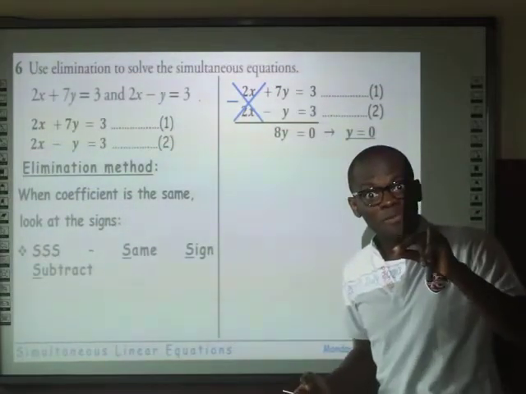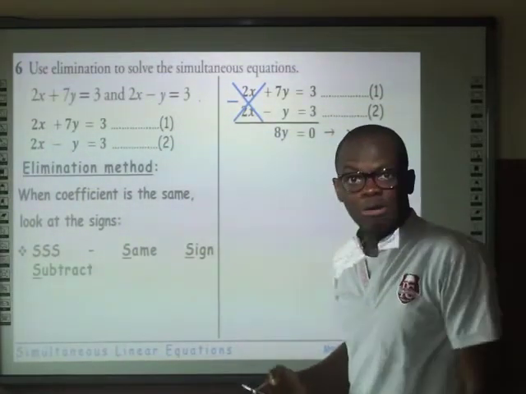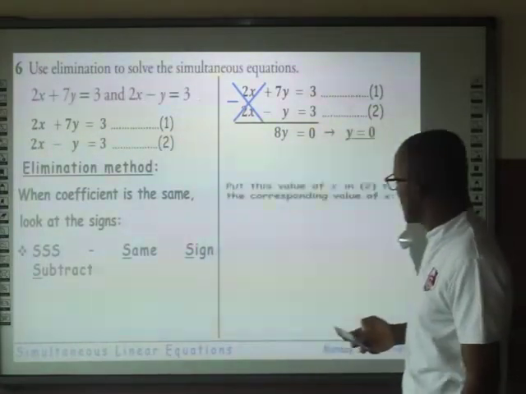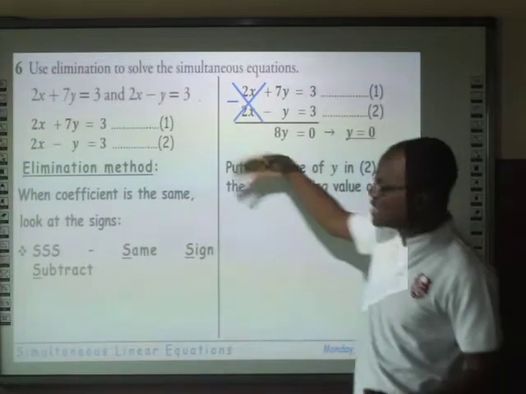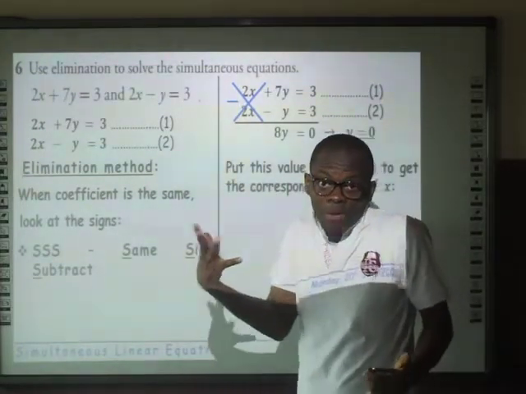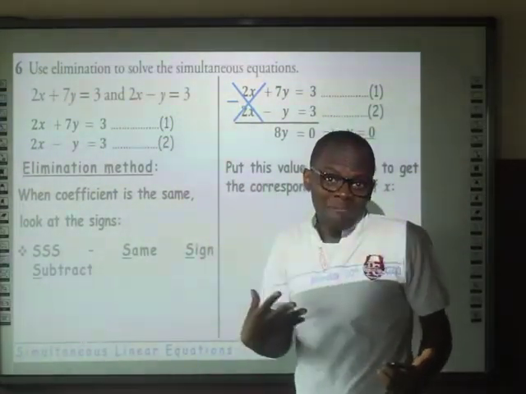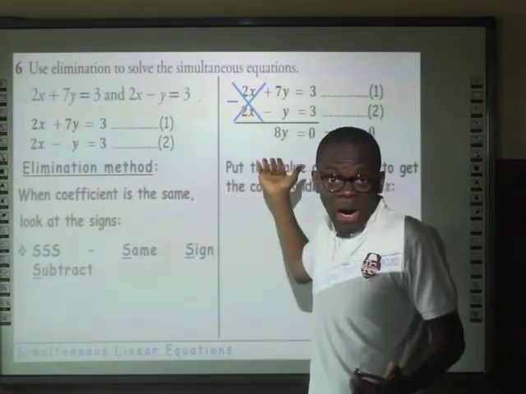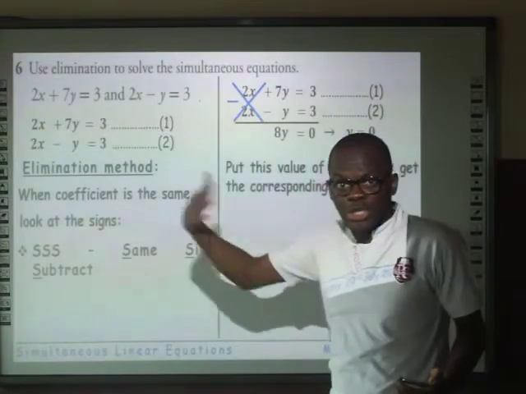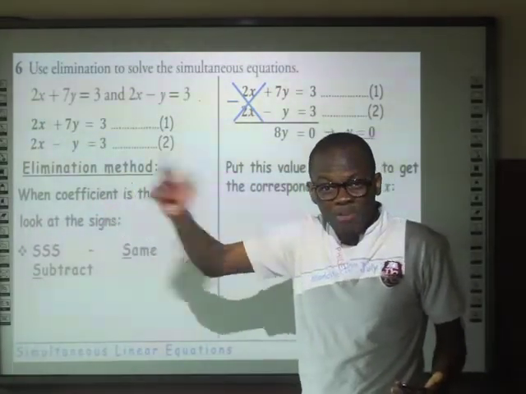And now that we have the value of y, we need to find the corresponding value of x. Okay? So you put this value of y in equation 2. Now the choice is yours. Okay? The choice is yours. But my advice will always be that you put the value which you've got into the equation with the smaller coefficient.